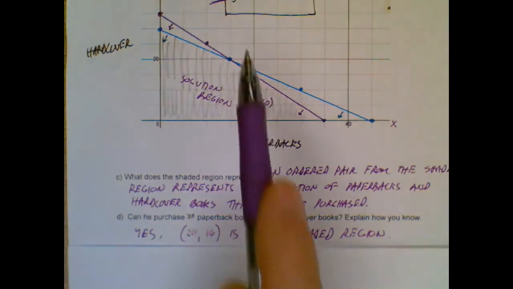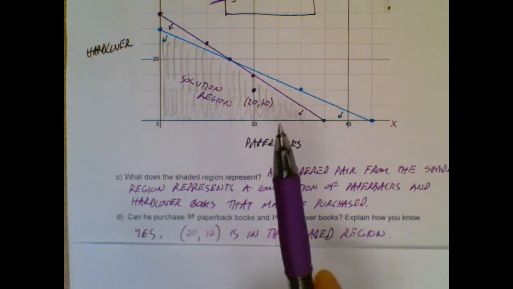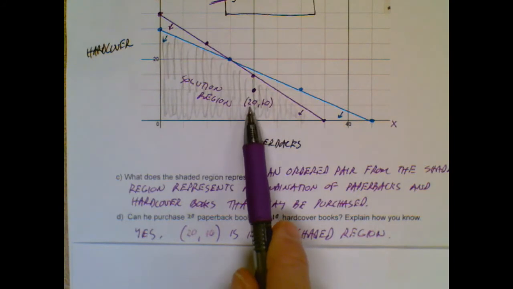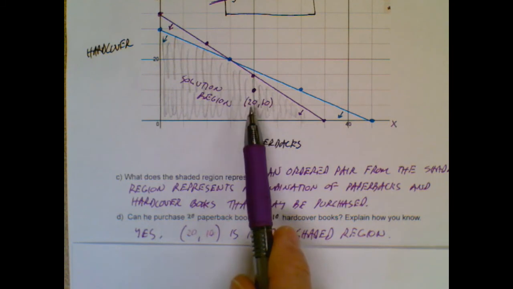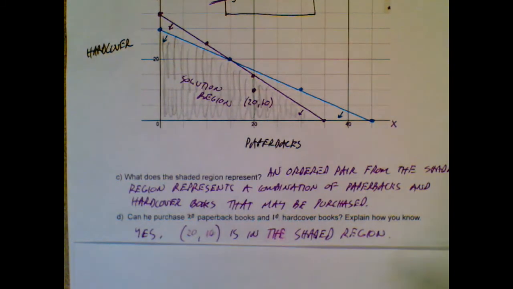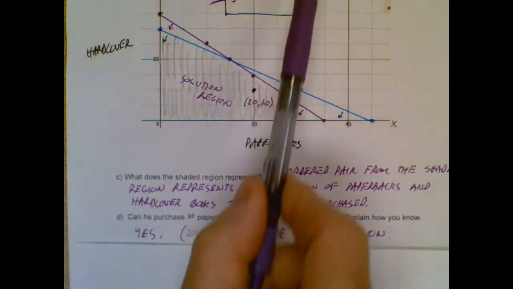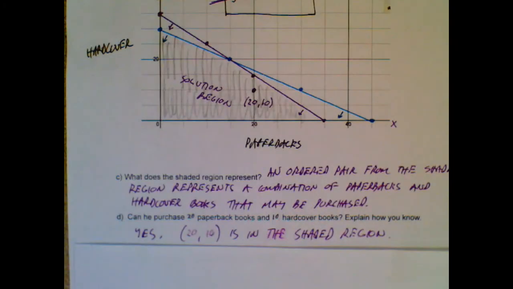And so (20, 10) means it is okay to buy 20 paperbacks and 10 hardcover books. That combination of 20 paperbacks and 10 hardcover books satisfies the requirements of the scenario you read above. Basically, he can buy those and it all works.